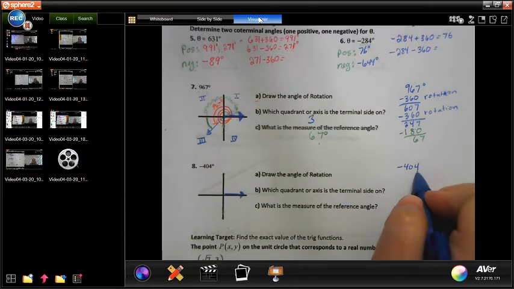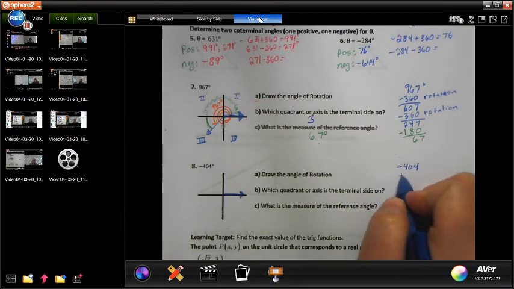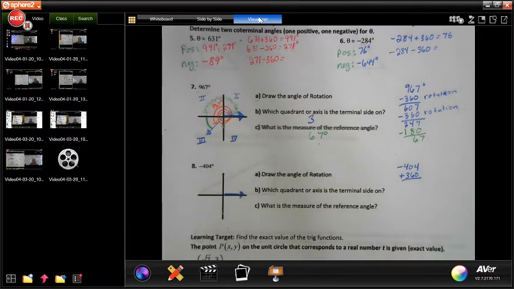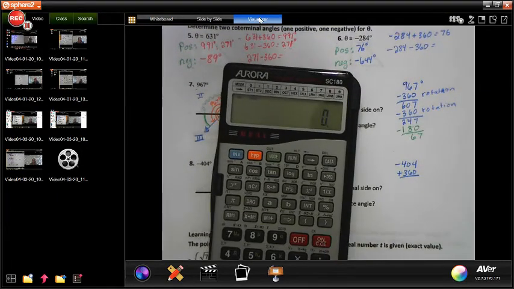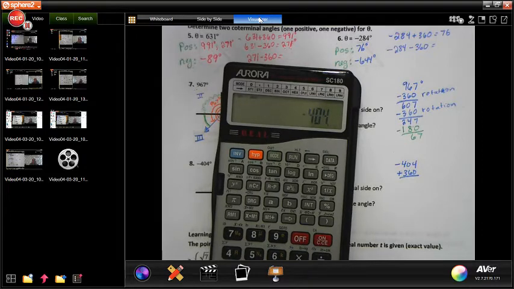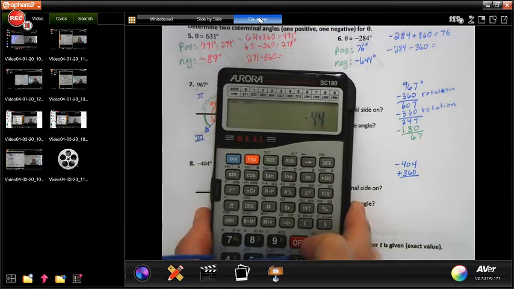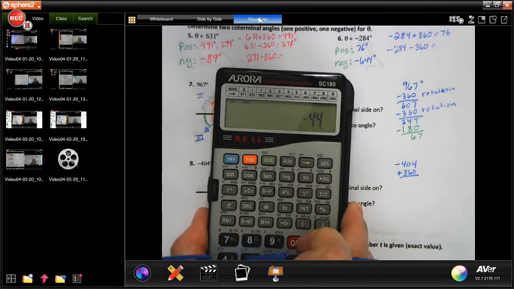Well, it's negative, so subtracting out a rotation would actually be adding, and that would get rid of a rotation. So negative 404, and then we're going to add the rotation to get rid of it, which sounds a little backwards, but that's just how it is.